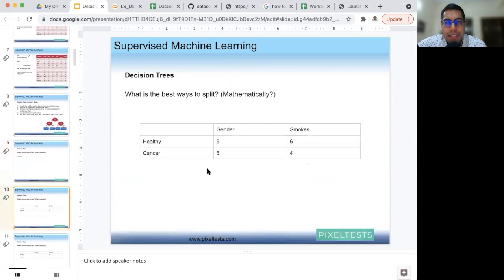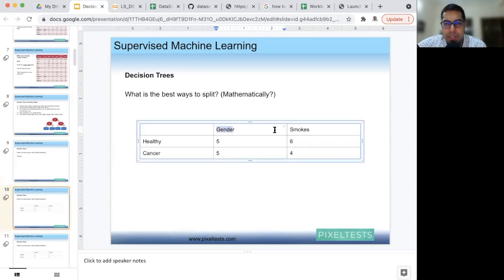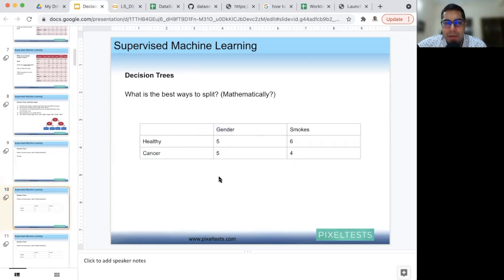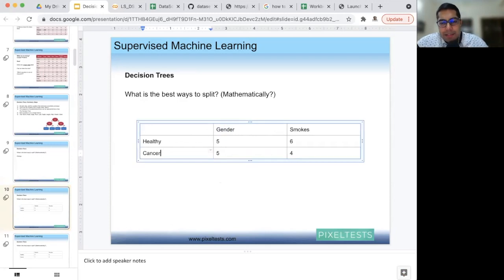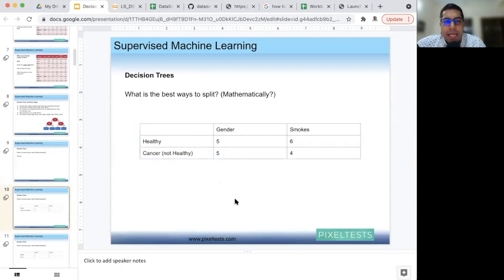Okay, so let's go back to a small example. Suppose these are the two options. I want to detect if somebody is healthy or not healthy. Let me write this as not healthy, because cancer might certainly not be a great example.